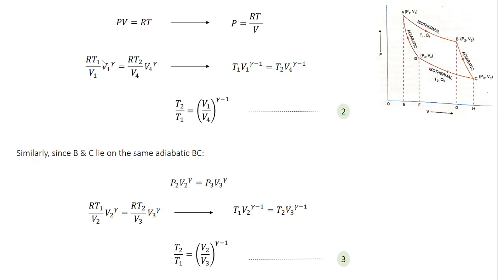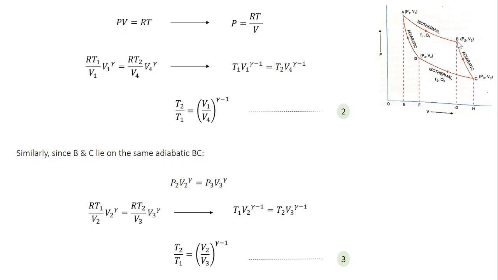R is common on either side, cancel that. When you simplify this, you get T1 V1 to the power gamma minus 1 equal to T2 V4 to the power gamma minus 1, or T2 divided by T1 equal to V1 divided by V4 to the power gamma minus 1.